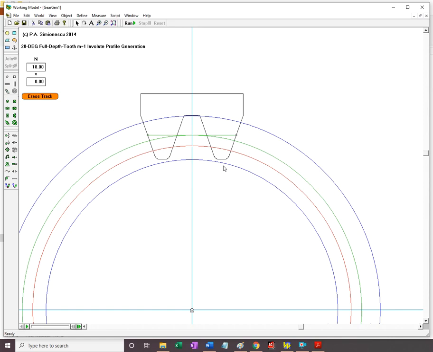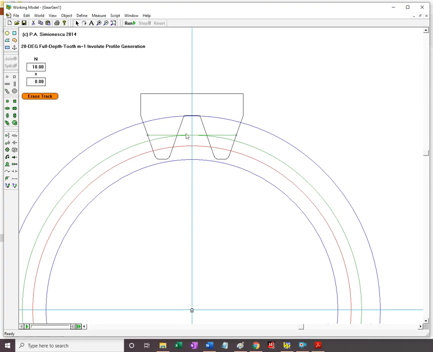You have to have a clearance to allow for thermal expansion, to allow the lubricant to be squeezed out. Other reasons are to clear the chips as they get generated during the fabrication process. Okay, so we have this line.